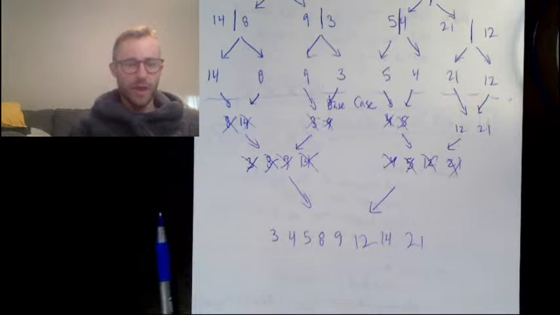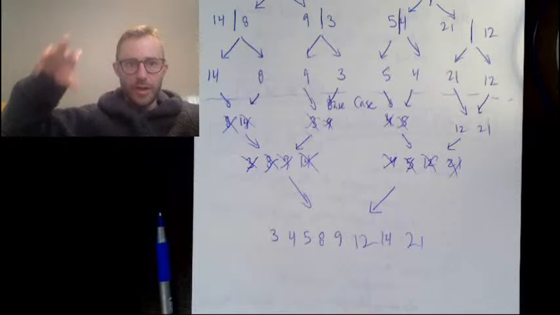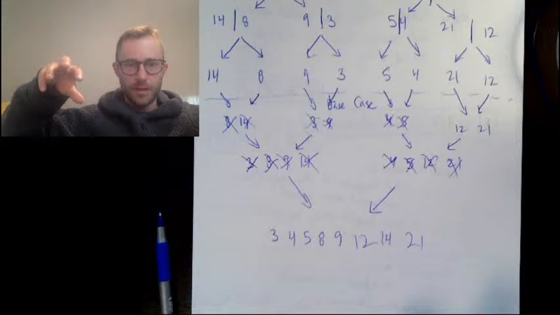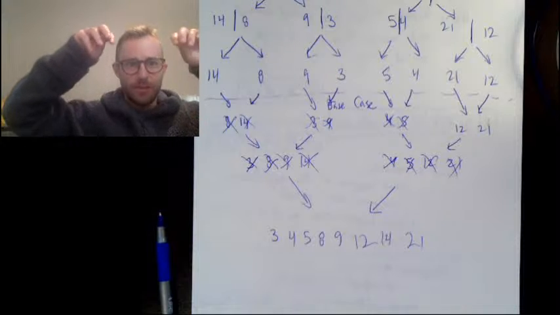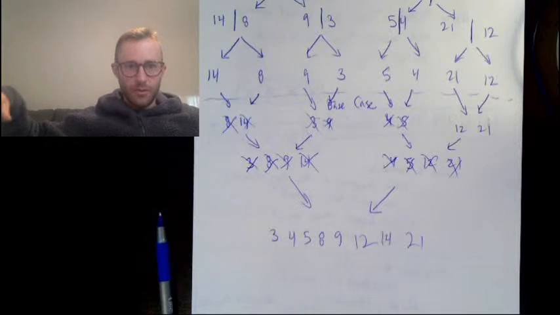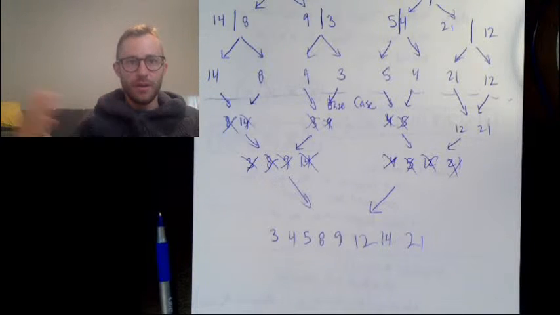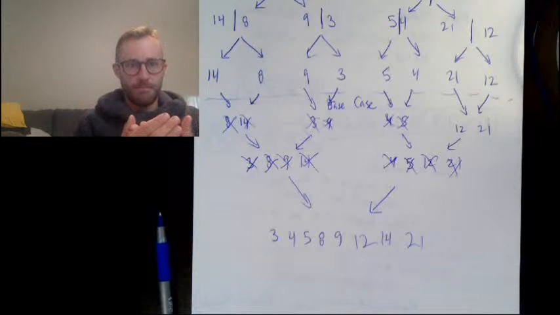Okay? So basically this algorithm, it's a recursive algorithm. It's a divide and conquer algorithm. So what it does is it takes the array, it breaks it in half, okay? And it keeps doing that. Breaks them in half, breaks them in half, until it gets to individual elements. And then it uses the merge method to rebuild the array.